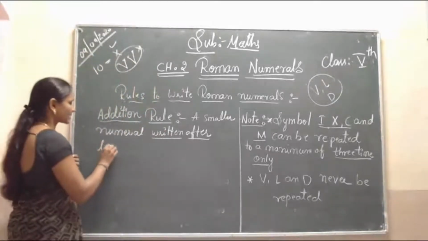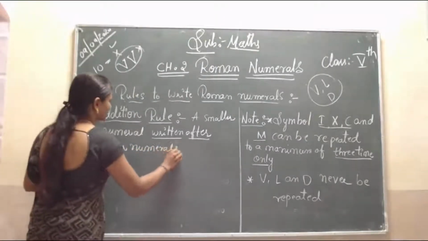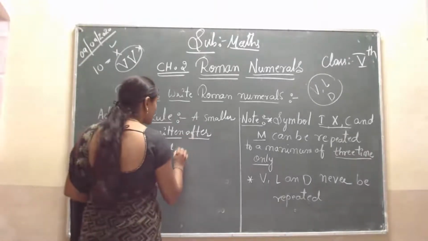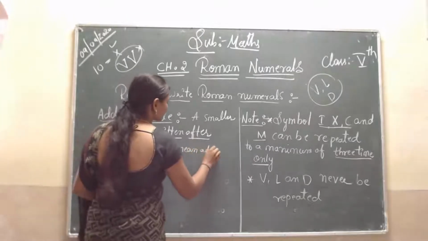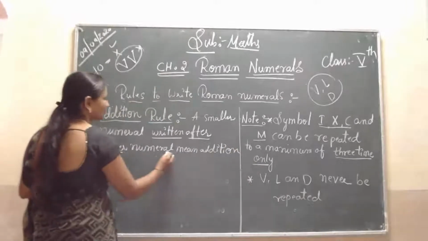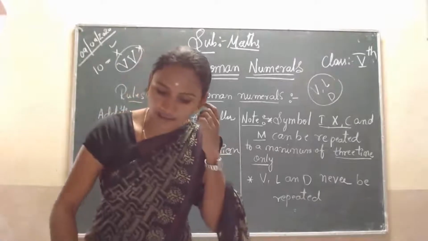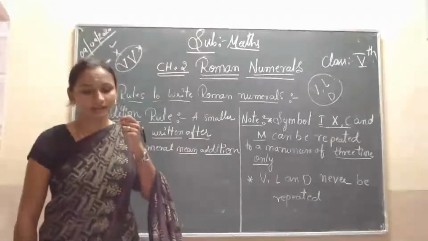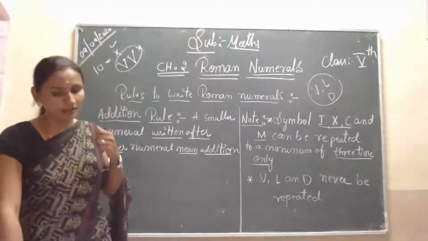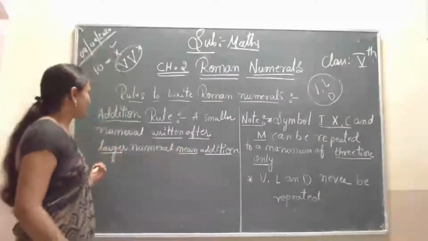Larger means the greatest. So in the rule of addition, when a smaller numeral is written on the right side, after the greater numeral, the smaller number is added to the greater number. So that is the rule of addition.